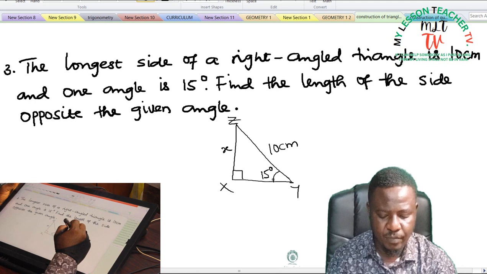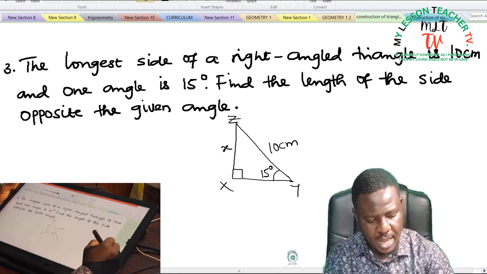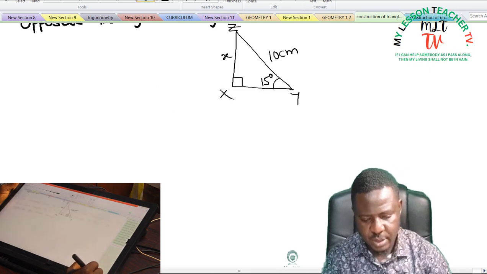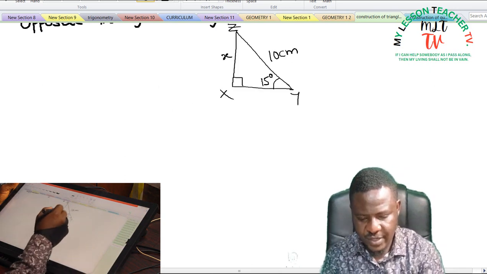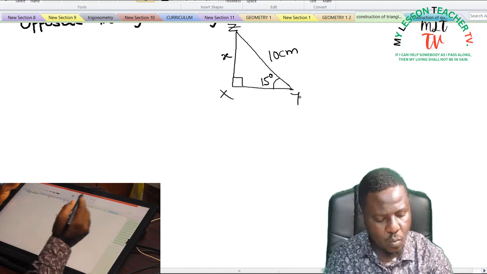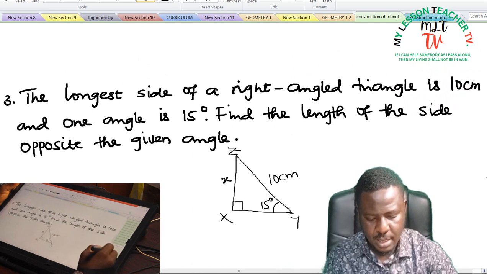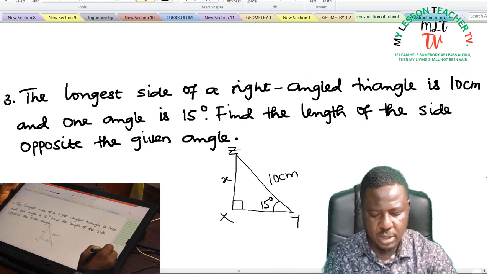So we shall construct this using a ruler and a pair of compasses. First and foremost, side XY is not given.